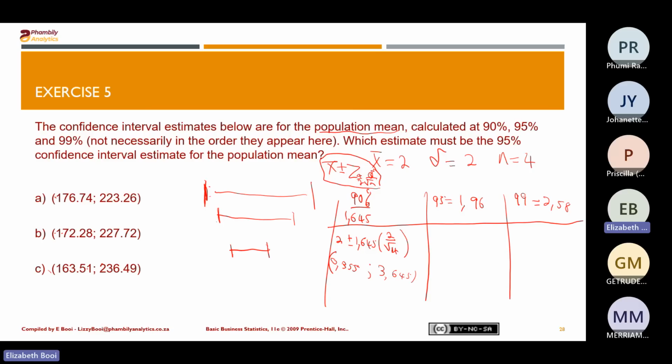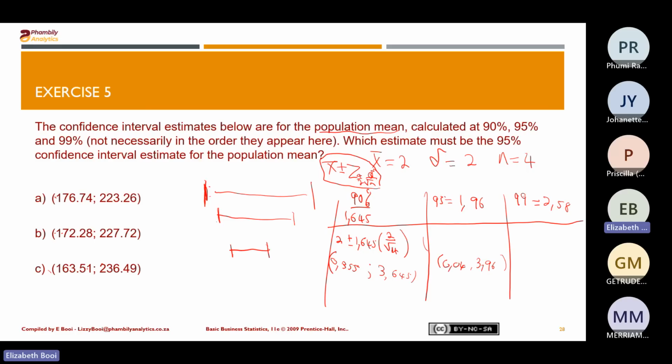Now, the only thing I need to change here is the critical value, which is the 1.645. So I'm going to use 1.96 and do the minus side and the plus side. On the plus side I've got 3.96, and then I change and do the minus, and I get 0.04.